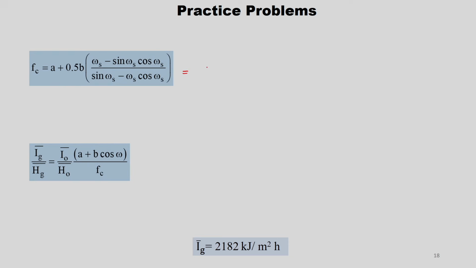So Fc is given as: A, which we have already calculated as 0.6845, plus B, 0.3990, into 0.5. Here we need to be careful that omega s is in radians.